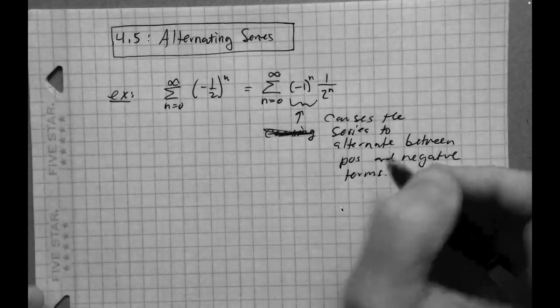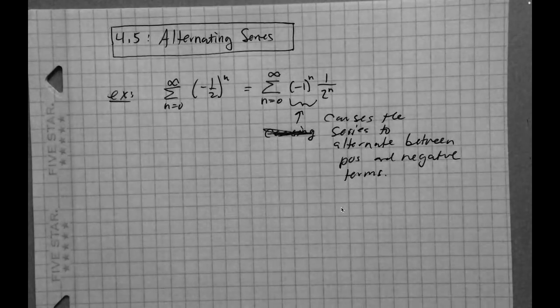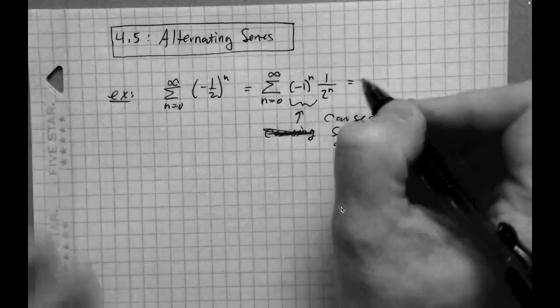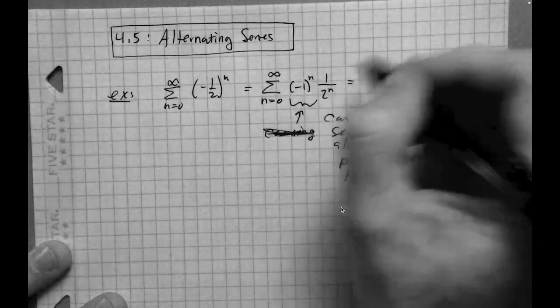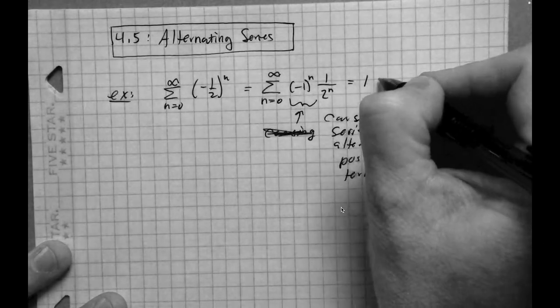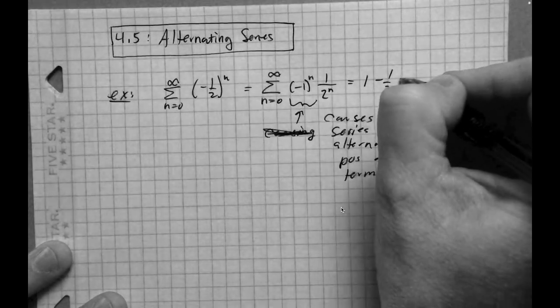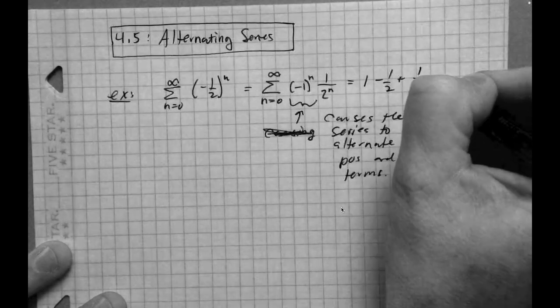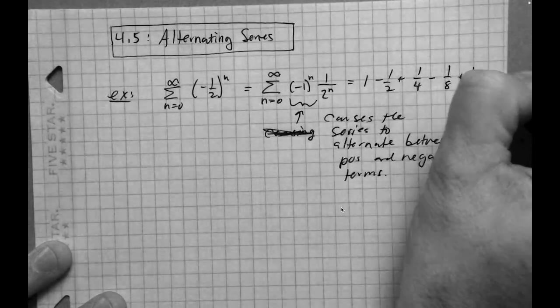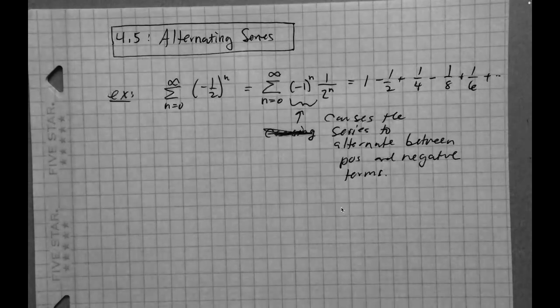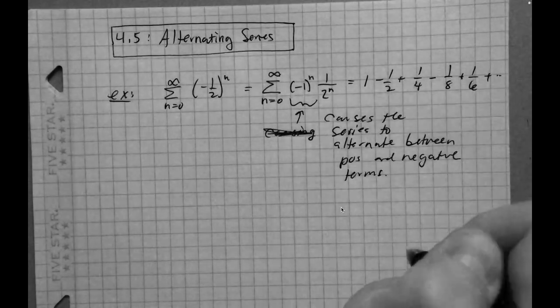Every other term is going to be positive, and every other term is going to be negative. The first couple of terms: when n is equal to 0, negative 1 to 0 is just 1, so this would be 1, and then minus 1/2, plus 1/4, minus 1/8, plus 1/16, and so on. So you can see how they alternate.